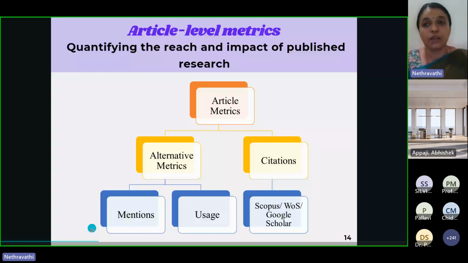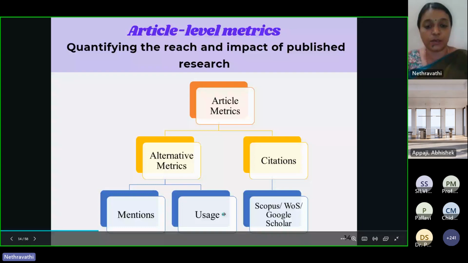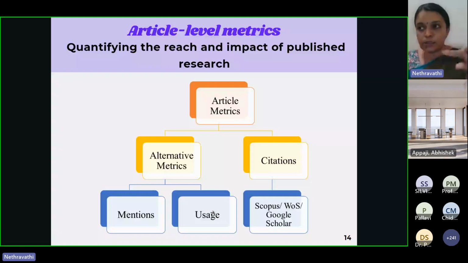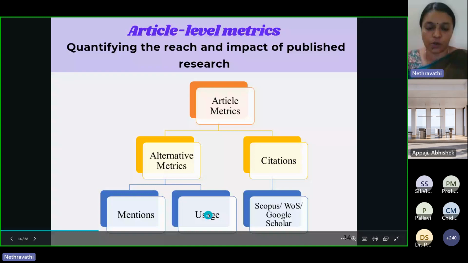And usage is basically views, shares or downloads. Even if you go to a journal homepage and open your article, say in IEEE, above your article it will say how many people have viewed it and how many have downloaded it. Though they have not cited it, they would have viewed and downloaded it. Both of these come under alternative metrics.